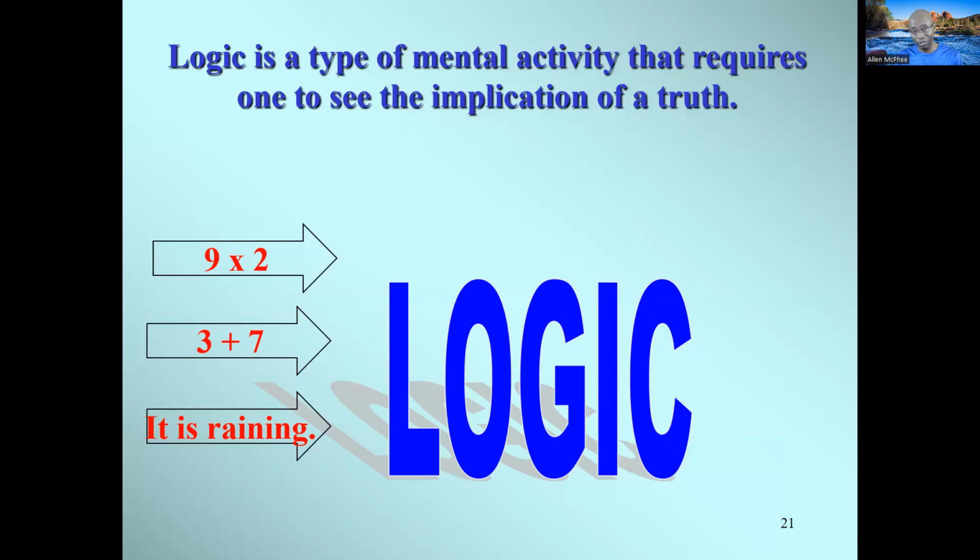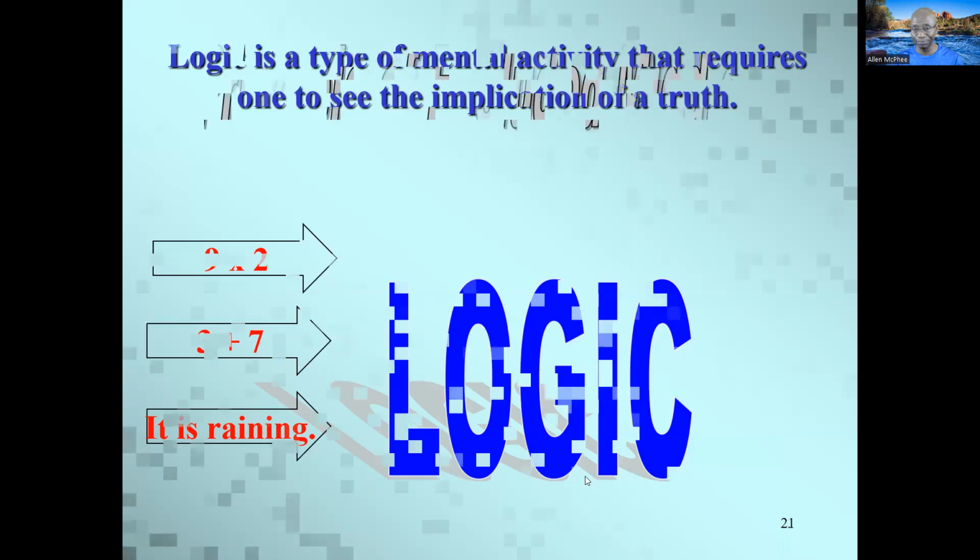That's being logical. That's seeing with your intelligence. But when you look at the language, that little statement in front of you has many, many meanings, and that's just the complication involved, okay? So when you're being logical, you're using your mind to see the implication of a truth. You begin with a truth, and then you see what it leads to.